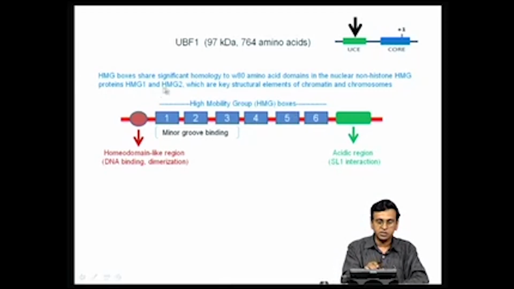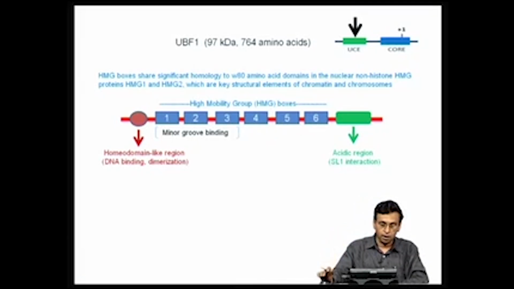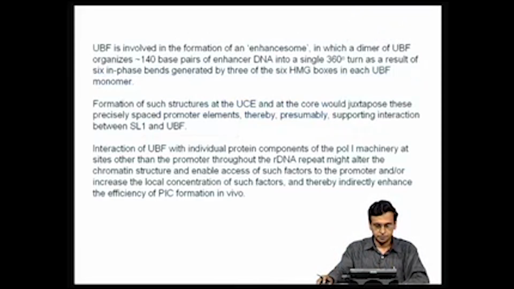These HMG boxes share significant homology to an 80 amino acid domain on the nuclear non-histone HMG proteins HMG1 and HMG2, which are key structural elements in chromatin and chromosomes. So, these HMG boxes contain homology to proteins involved in chromatin structure and chromatin modulation.